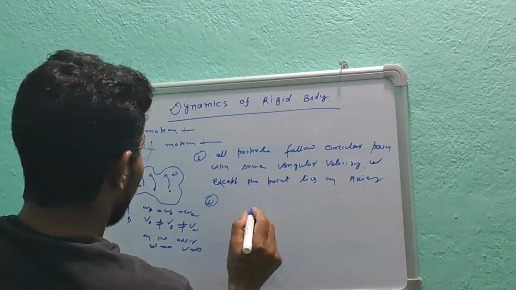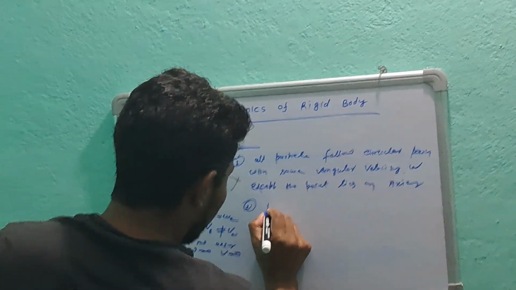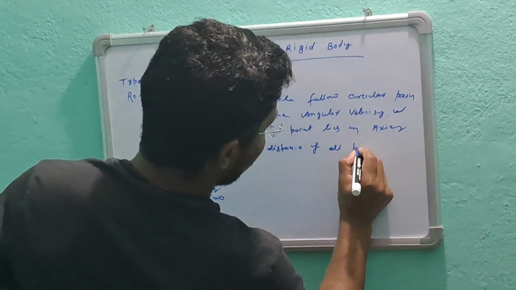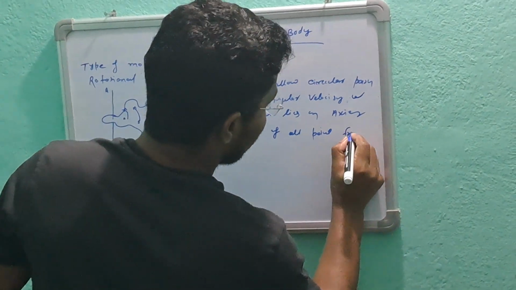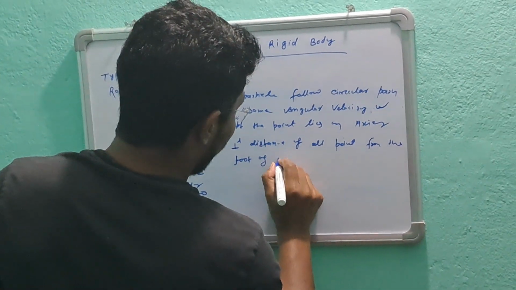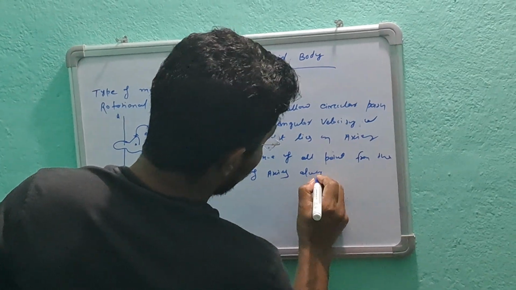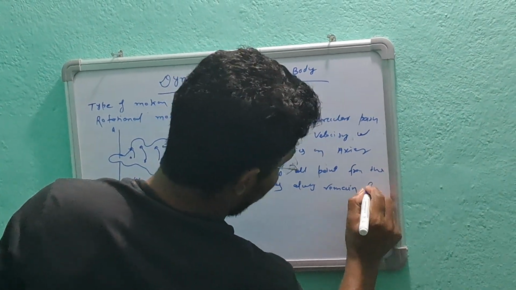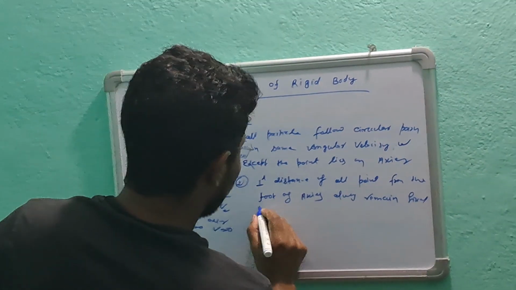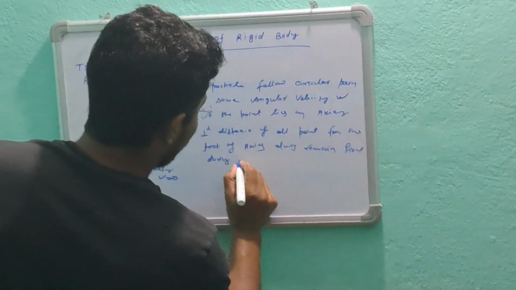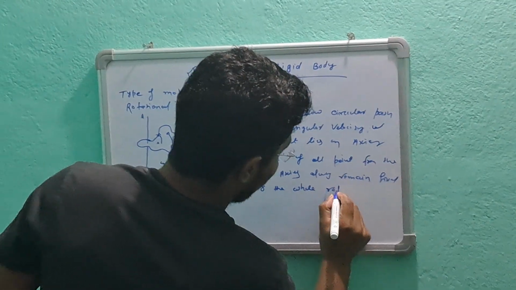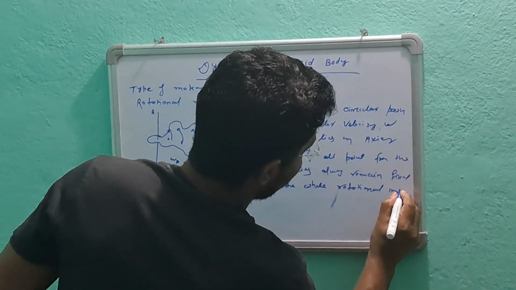Second one: the perpendicular distance of all points from the foot of the axis always remains fixed during the whole rotational motion.